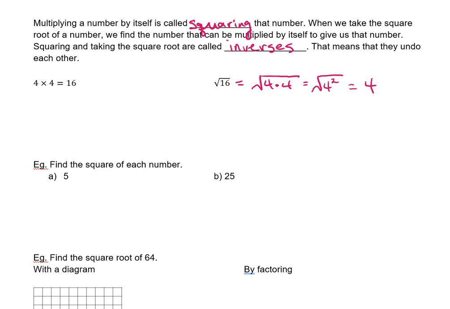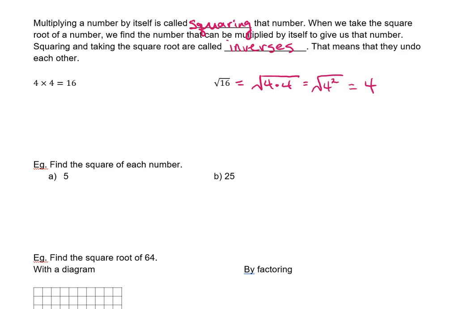Because the square and the square root undo each other, so I'm just left with 4. It's kind of like saying, what's 4 plus 8 minus 8? Well, you'd be back at 4. Or 4 times 2 divided by 2, you'd be back at 4. Because the multiplying and the dividing undo each other, here squaring and square rooting undo each other.